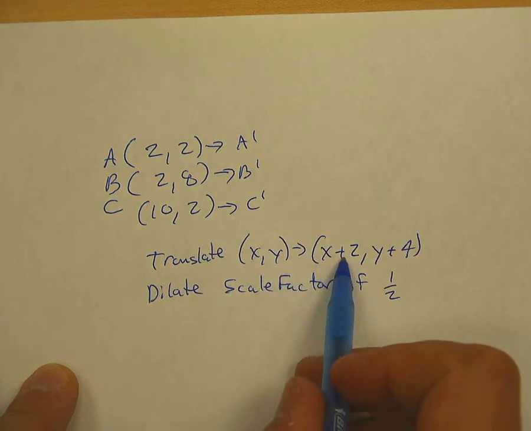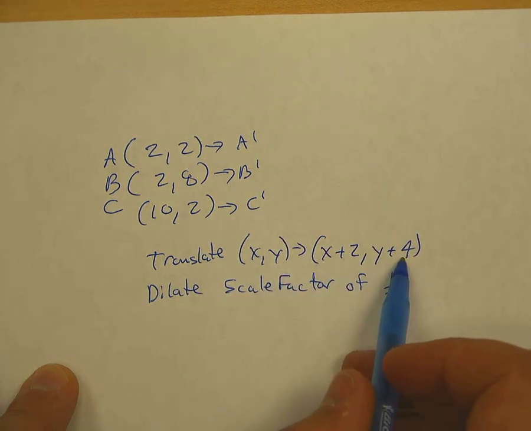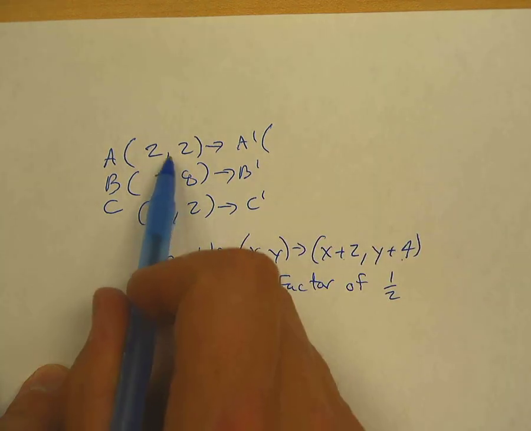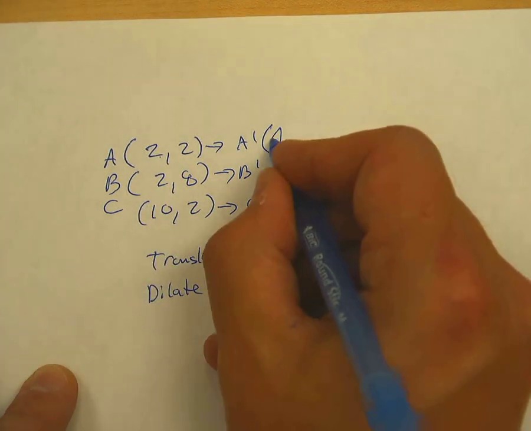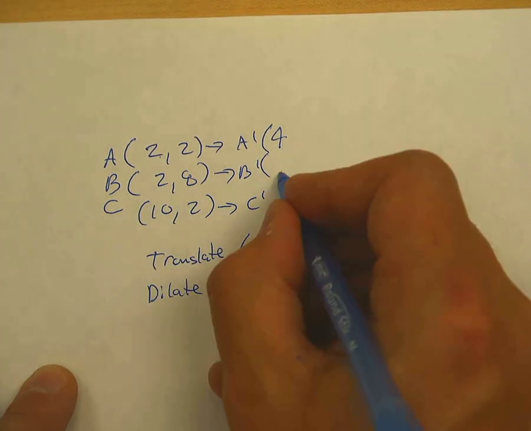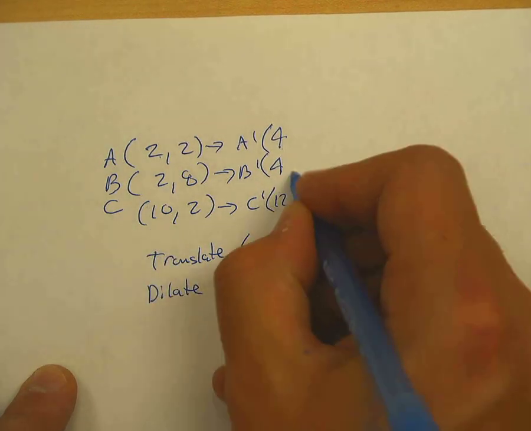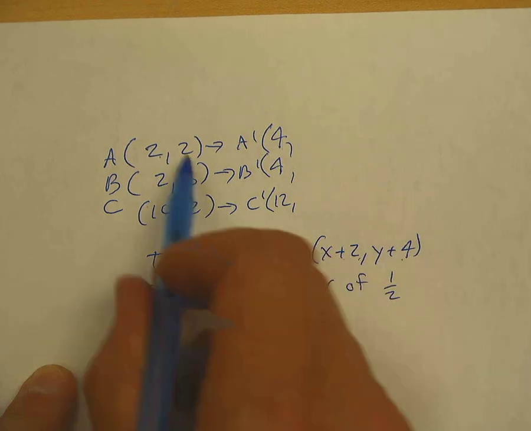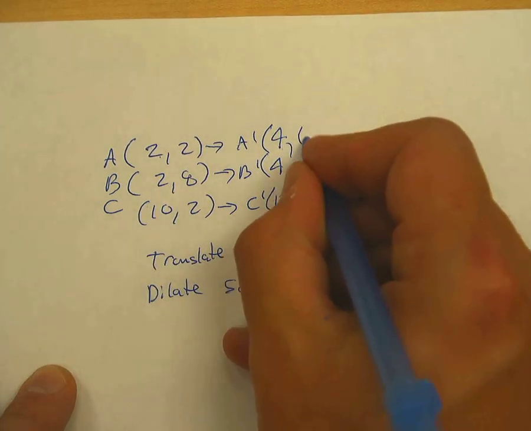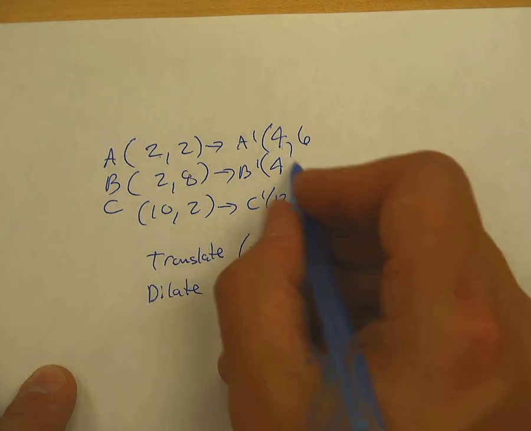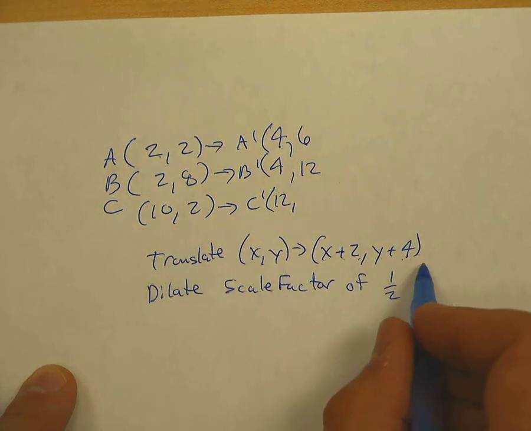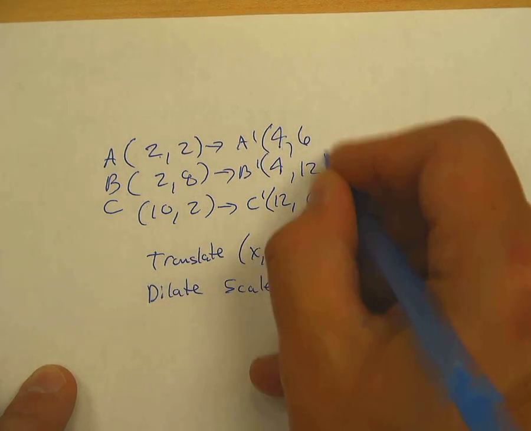I add 2 to the x's and add 4 to the y's. So when I do that, 2 plus 2 is 4. 2 plus 2 is 4. 10 plus 2 is 12. Y values add 4. 2 plus 4 is 6. 8 plus 4 is 12. 2 plus 4 is 6.